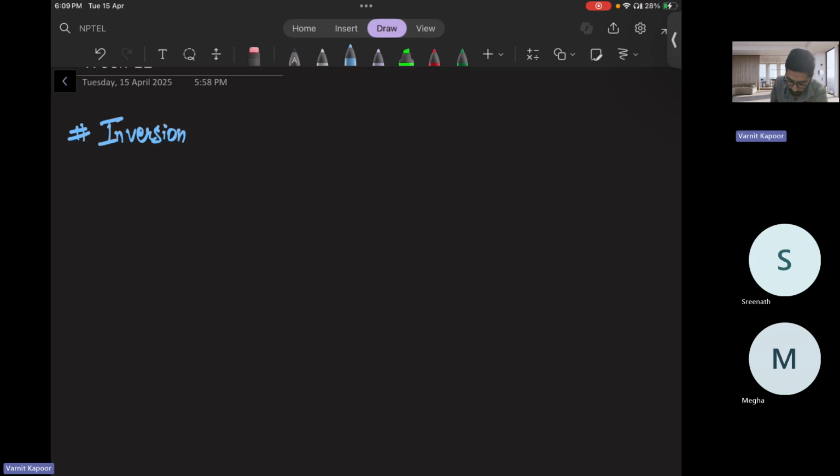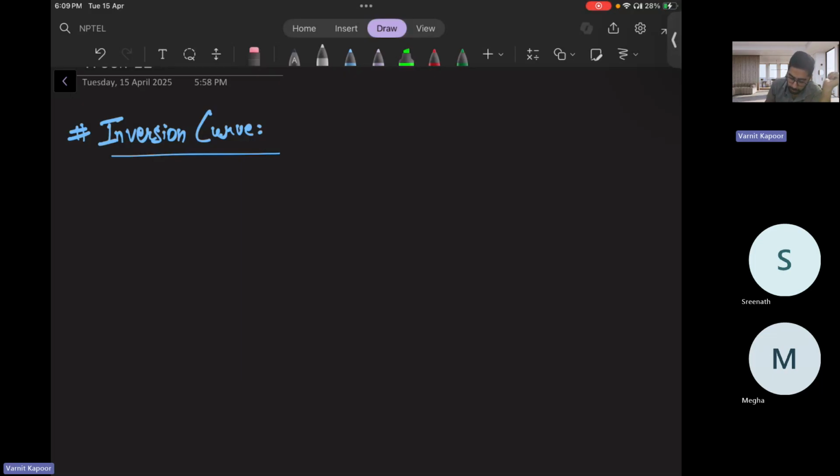Let me write it down. So what is an inversion curve? Basically, it is a curve generated by joining the peaks of different isenthalpic curves on a temperature-pressure plot.